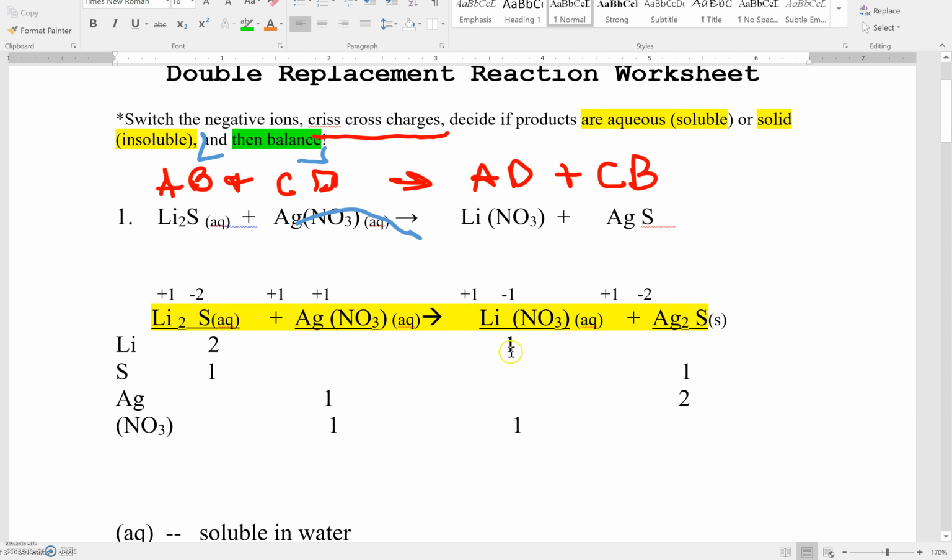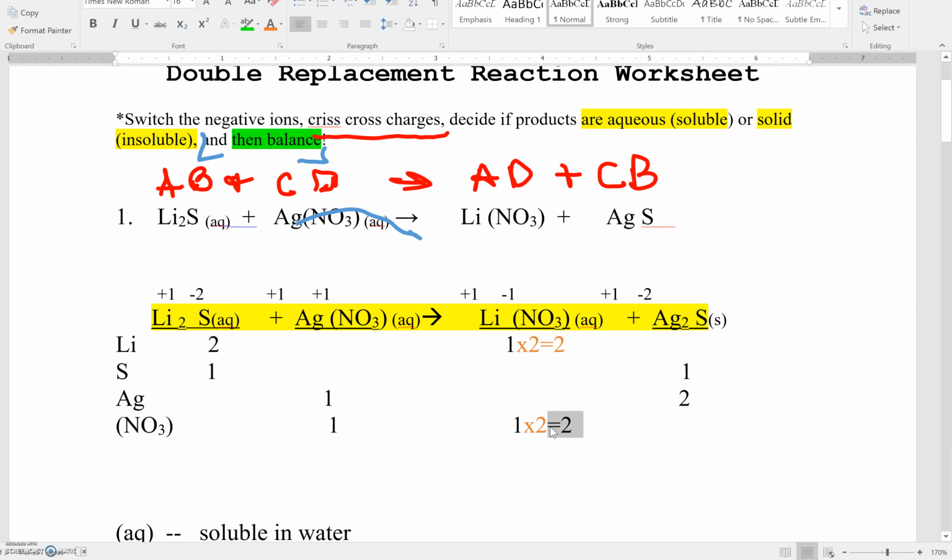I'm going to multiply it by 2. 1 times 2 equals 2. If I multiply the top one by 2, I have to multiply everything in that column by 2. So everything in this column I have to multiply by 2. So I'm going to do that.